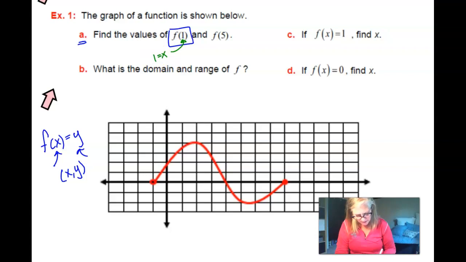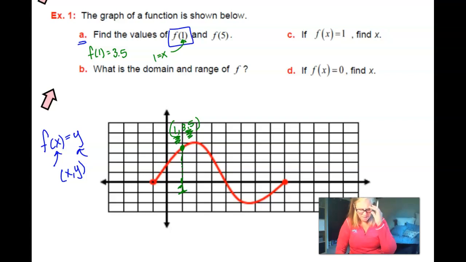So on my axis down here at 1, wherever you're going to put your tick mark, you're going to go up, and we're going to find this point right here. On my picture, that point looks to be about (1, 3.5). So when x is 1, the y value is 3.5. So we say f of 1 is equal to 3.5.